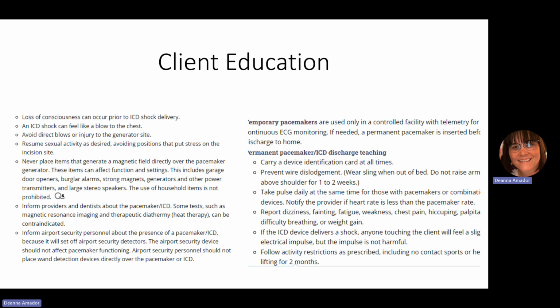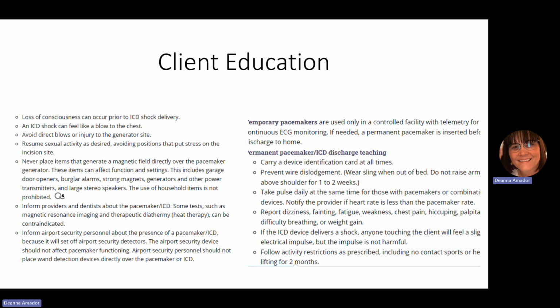It's important to teach these clients how to check their pulse so they can make sure everything's good, and they're educated about that. And then it goes on to talk about that they should report if they're feeling any dizziness, fainting, fatigue, weakness, chest pain, hiccuping. These could all be dysrhythmias that are happening that are causing this.